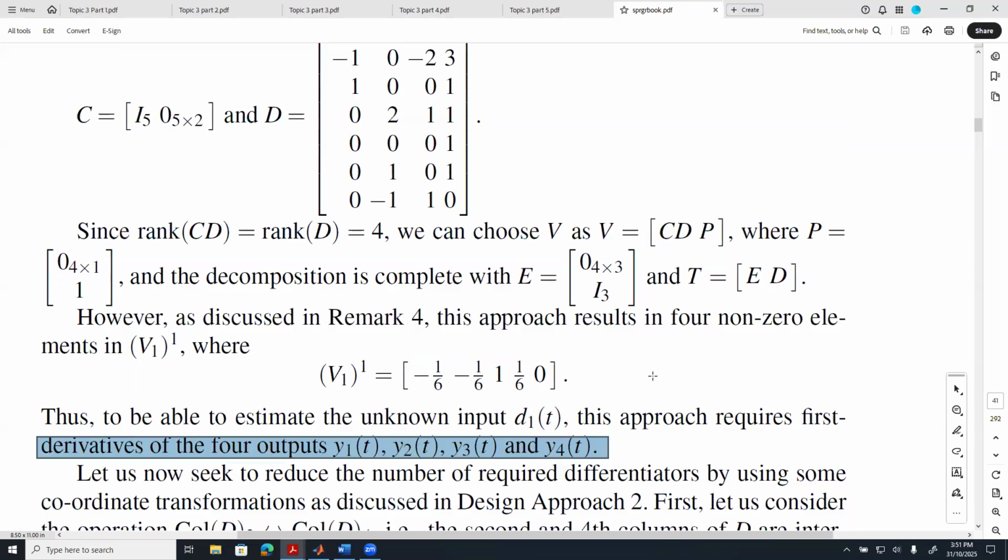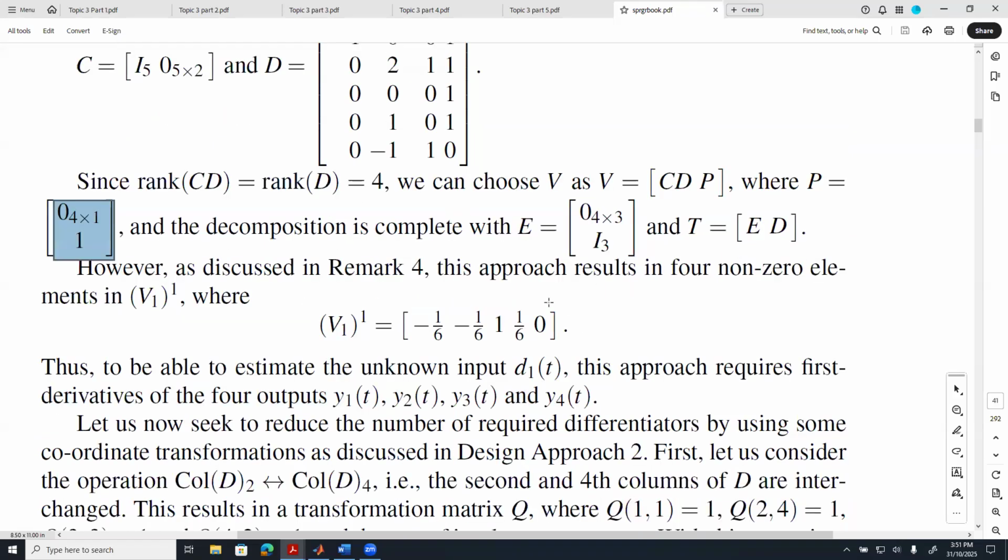This is 1 less than the approach by Hou and Müller. With Hou and Müller, if we don't pick this according to a specific structure, it might end up with a non-zero element in there. So we reduce from 5 output differentiators down to 4.